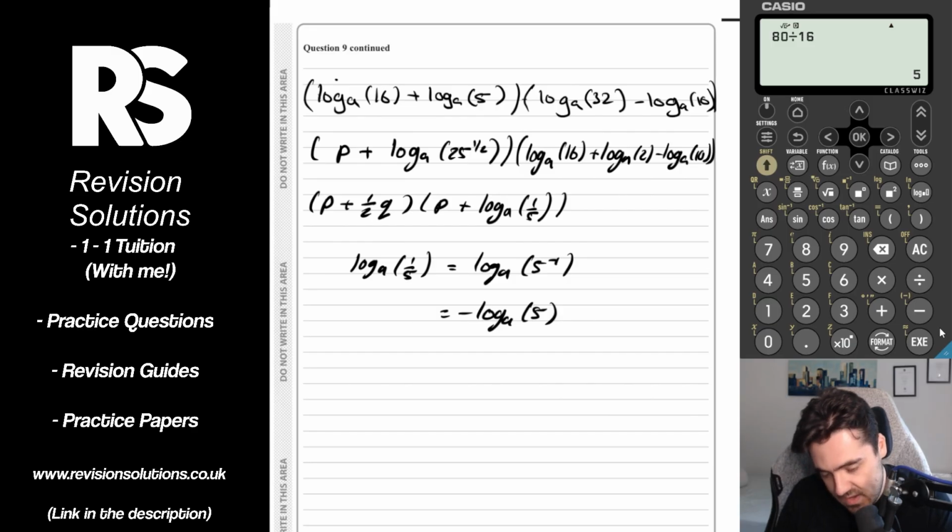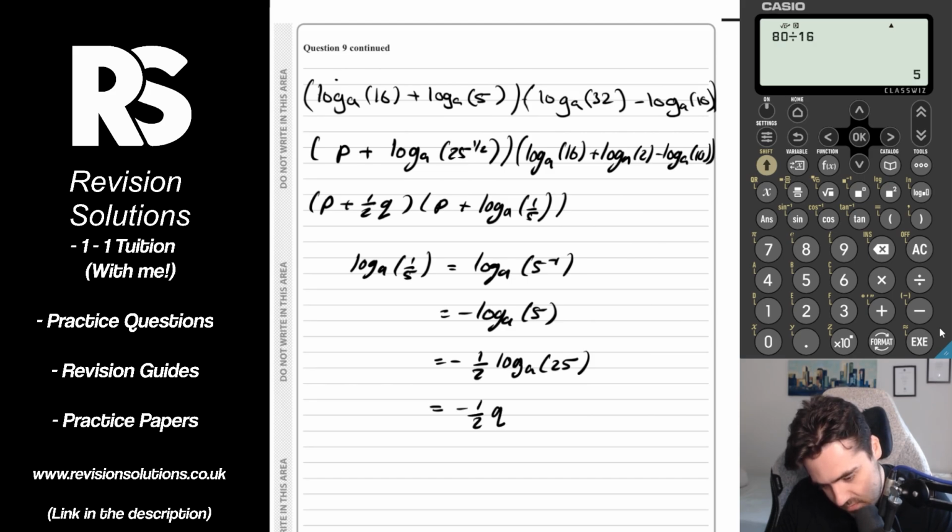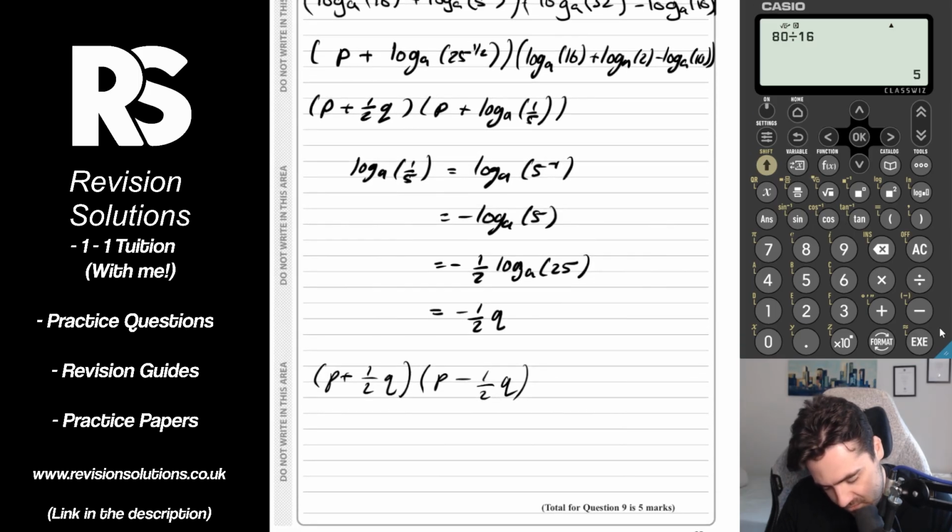It's like if 5 is 25 to the half, bring the half down, that's just going to make it minus a half log base A of 25, which is then minus a half Q. So then we have our final answer. It'd be P plus a half Q, then P minus a half Q, or it's a difference of 2 squares, so we can expand it out pretty quickly as well. We could write it as P squared minus a quarter Q squared.